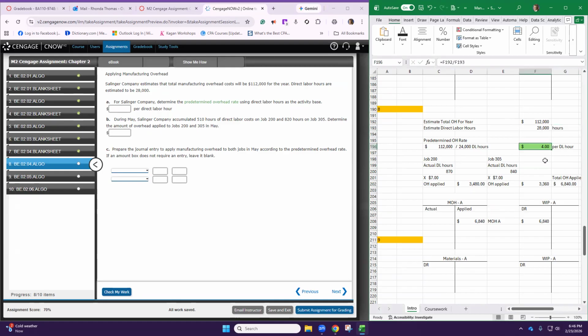Okay, so then it looks like we've got a $4 per hour overhead rate, and it says now we got the amount of hours, right? So job 200, the actual hours are 510 and 820. Okay, and then we need to change our rate to $4.